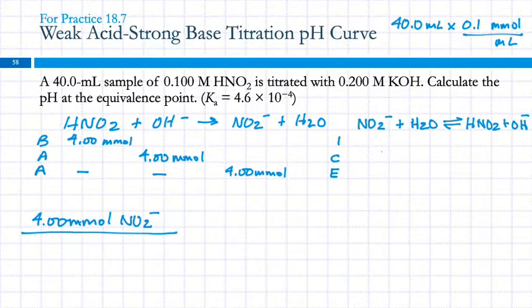What's the total volume of this solution? That's what I started with, plus how much potassium hydroxide have I added? 20. Enough to give me 4 millimoles, right? 4 millimoles of hydroxide, and it's 0.2 millimoles per milliliter.